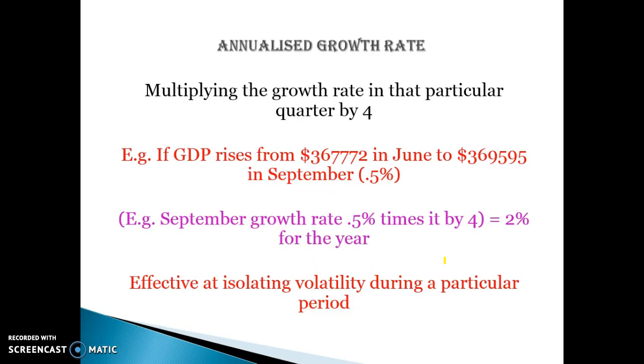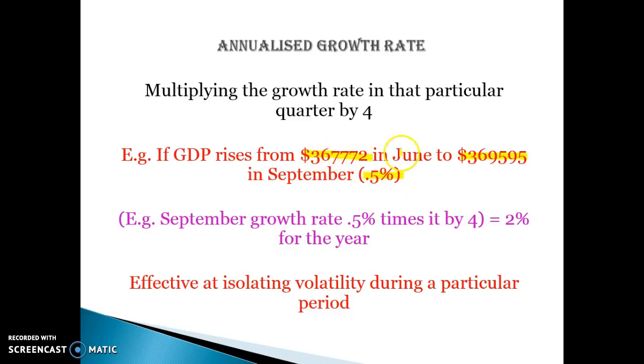The annualized growth rate is very different. What they do to calculate the annualized growth rate is they do it for a quarter and then they times it by 4. So if GDP rises from 677,772 to 369,595, that's higher, it's increased 0.5%.